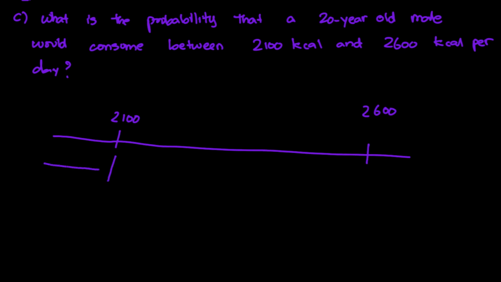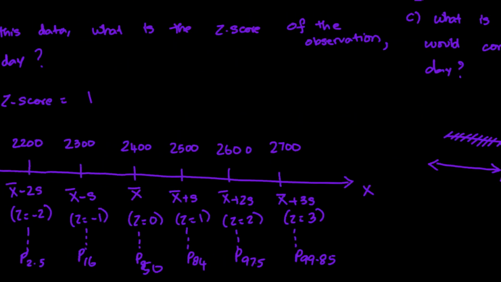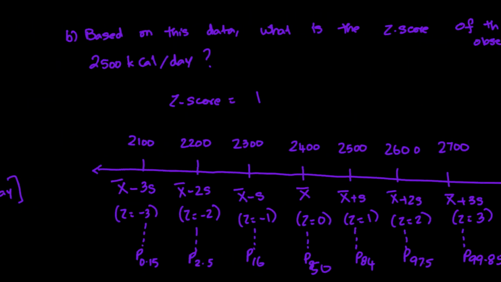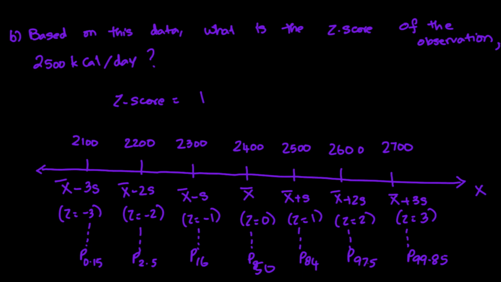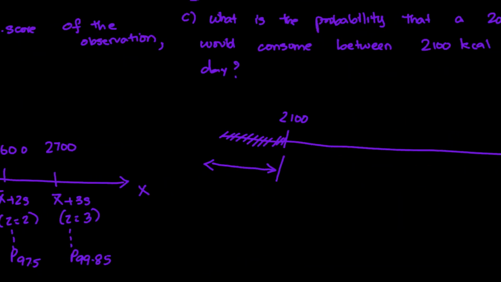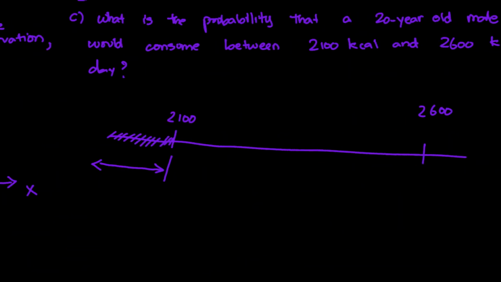The probability that a person would consume at most 2100 must be 0.15%, because 2100 corresponds to P0.15. So the probability that someone would consume at most 2100 kilocalories per day is just 0.15%.